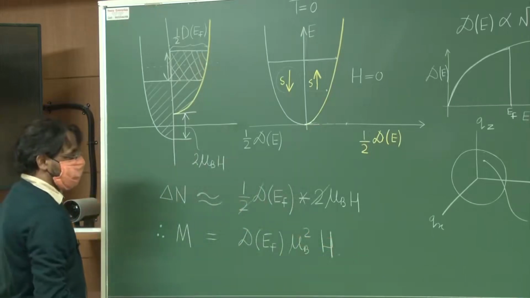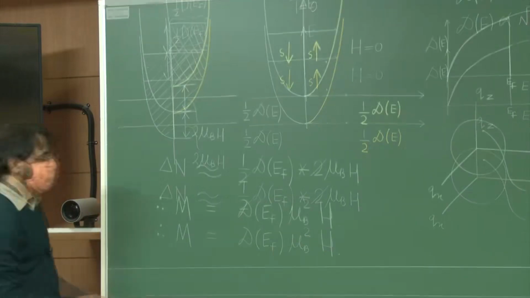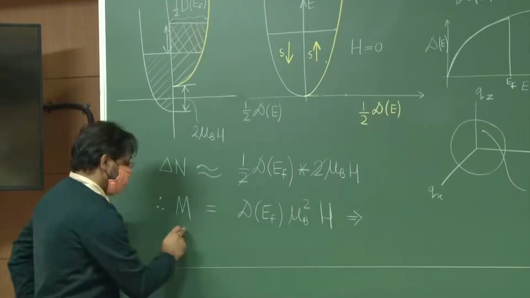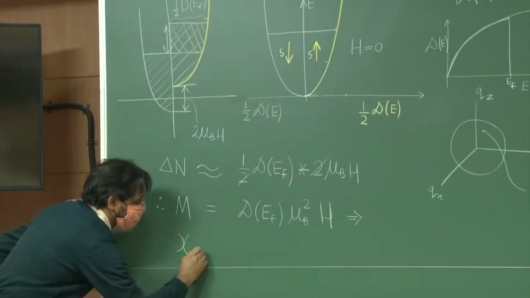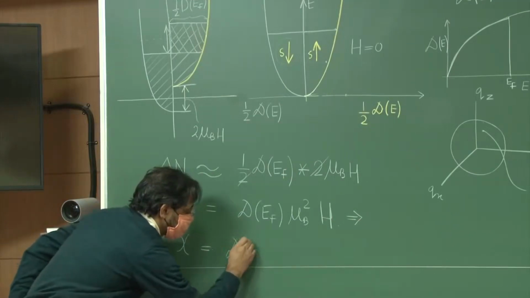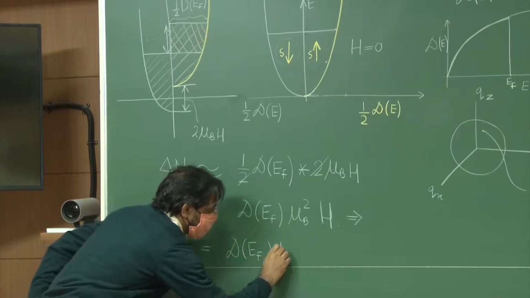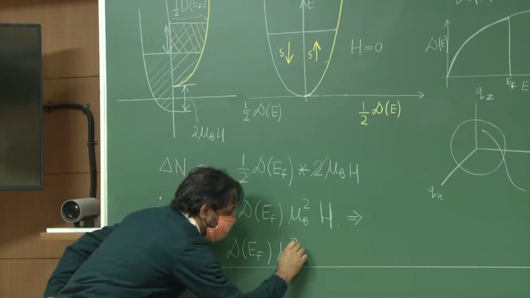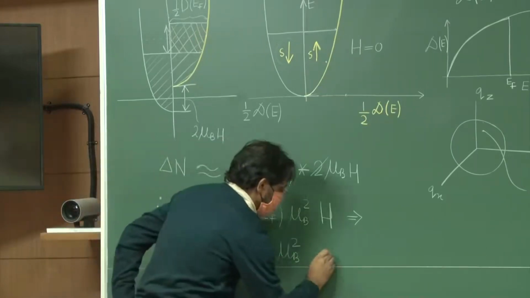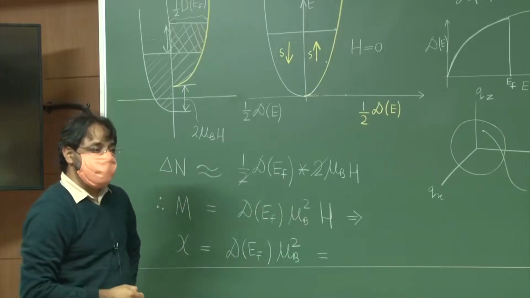And so, what is the susceptibility of this system? Chi. Chi is M by H. So, that is nothing but the density of states at the Fermi energy times mu_B squared. Now, you remember from previous lectures that D(E_F) is nothing but 3N by 2E_F, right?